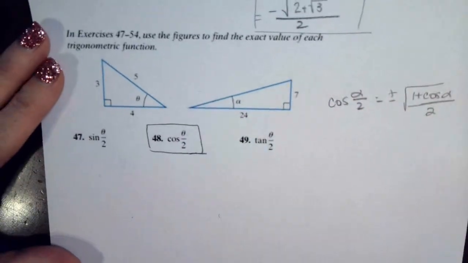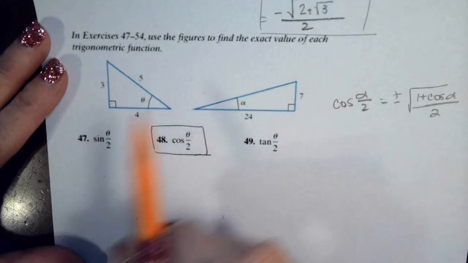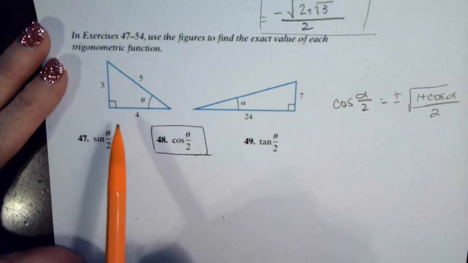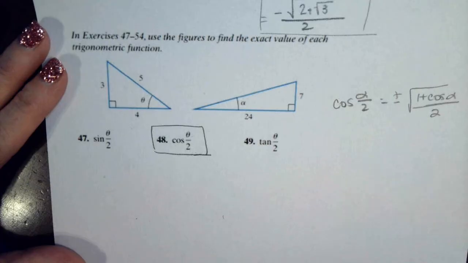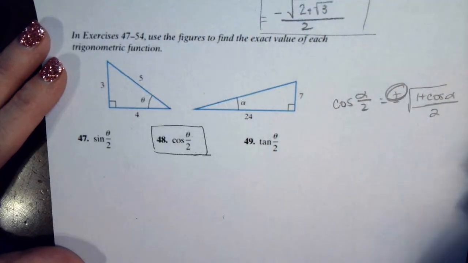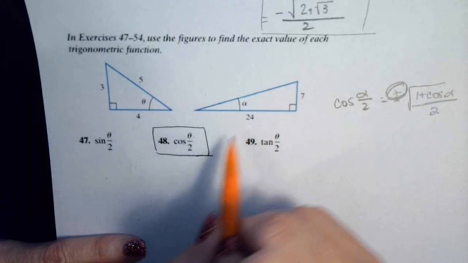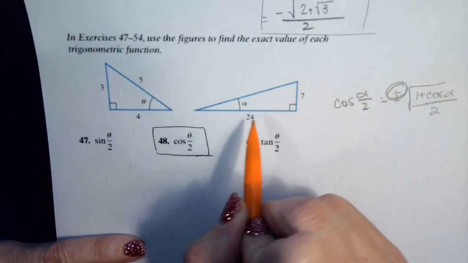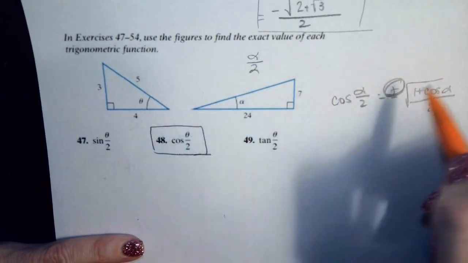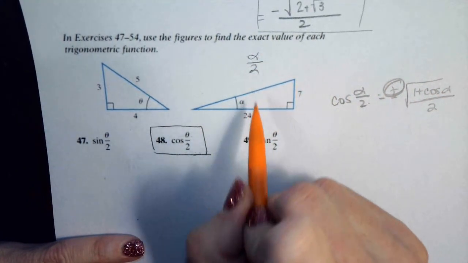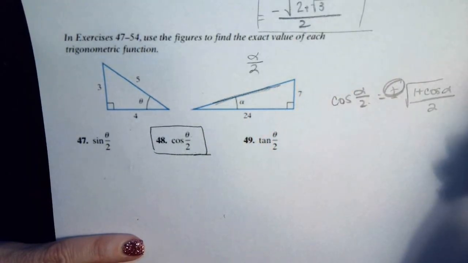Now, I am given triangles with values, and these have everything listed and they're all positive. So that means I'm just going to look at the positive for this. If I were told to look at one that is alpha over 2, separate from this one, then you would need to find this missing side first before you do anything else.